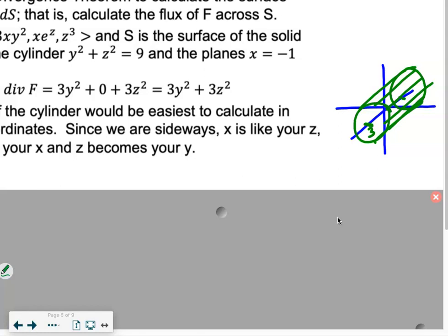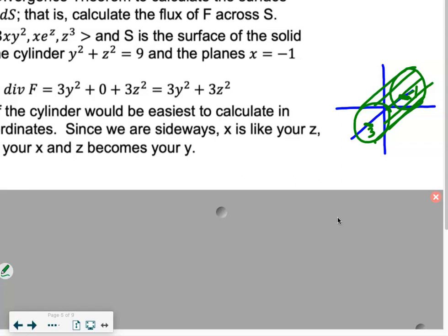And this boundary back here where it intersects the x-axis is at -1. It's really awful. Okay, so that's what we got. So really what you're doing is kind of like your x becomes your z, your y becomes your x, and your z becomes your y. You're doing the exact same thing you've always done, just changing the letters.